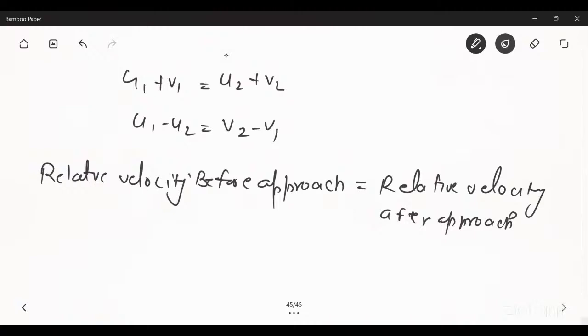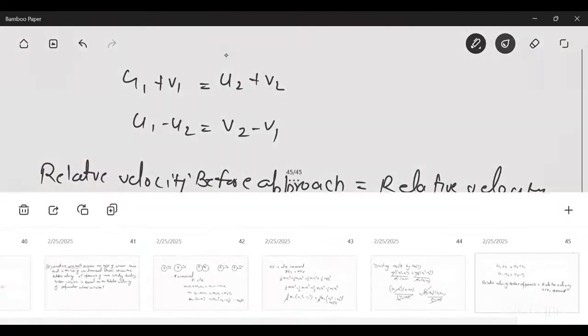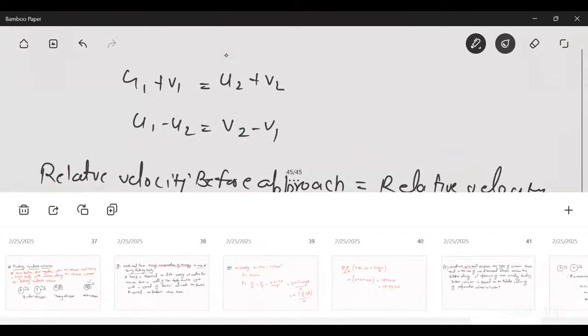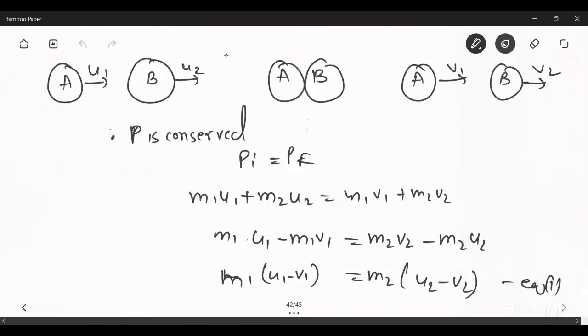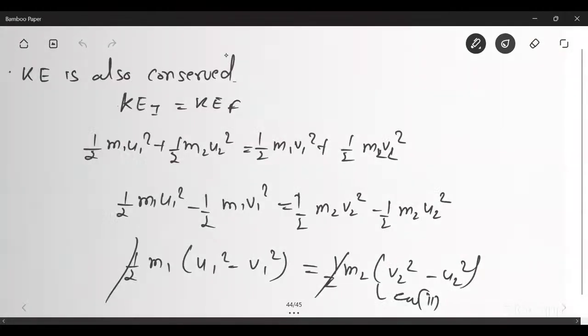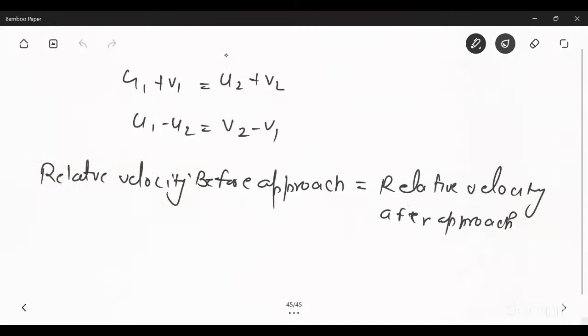Or you can simply say that the relative velocity before collision is equal to that after collision. So we have proved that the relative velocity of approach before collision is equal to the relative velocity of separation after the collision. Okay, so that question is done. Come to the next one.